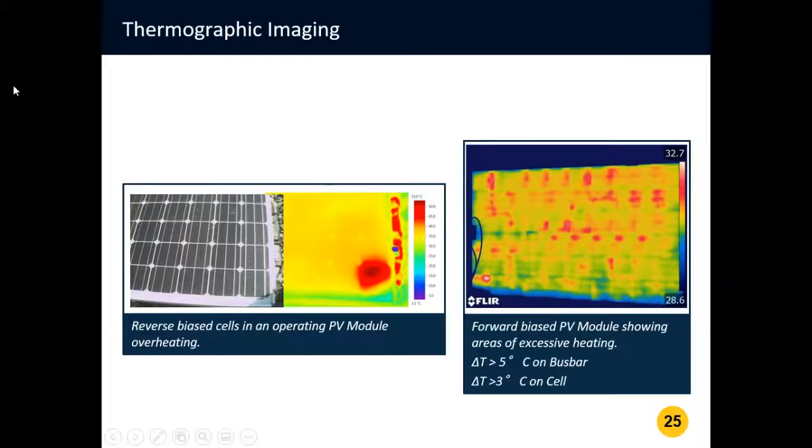I think that's very much dependent on the type of module and the situation present, and I think that's why the next generation or next improvements in PV modules are really looking towards the fact that they can deal with a fair degree of mismatch without a catastrophic failure or a complete failure of the module.